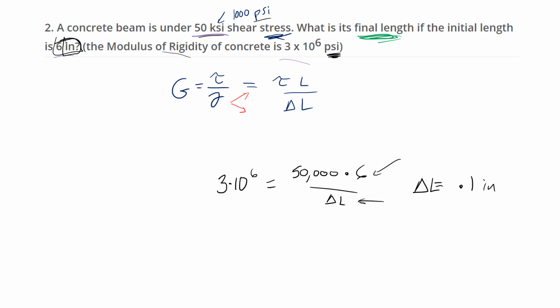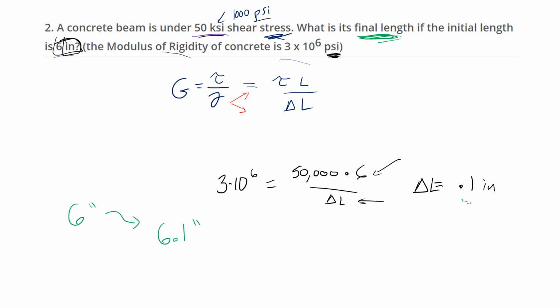So what we've got here is if we started out at 6 inches, and our delta L is going to be 0.1, what's the new length going to be? Well, the new length is going to be 6.1 inches.